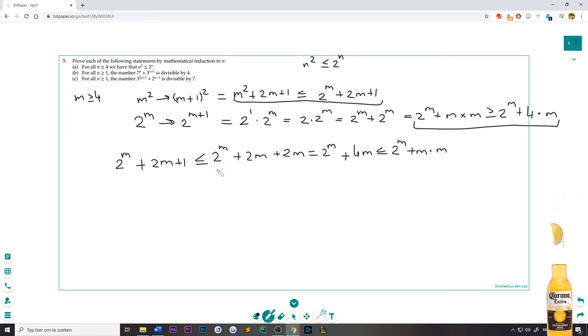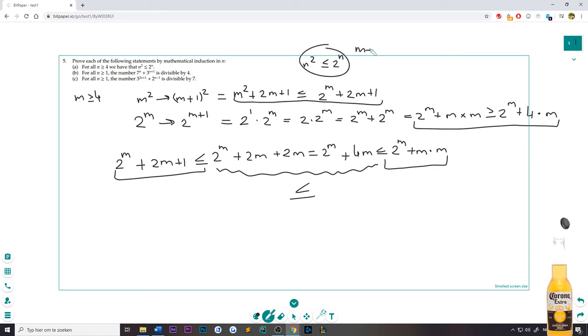And so basically you can kind of ignore the middle part, but it's still showing that this is smaller or equal than this, which is exactly like these two, but then with m plus 1. And that's kind of the idea for this question. So this is m plus 1 squared, and this is 2 to the power m plus 1.